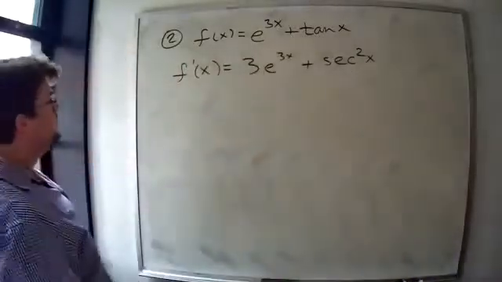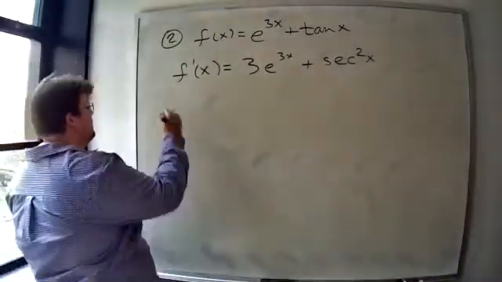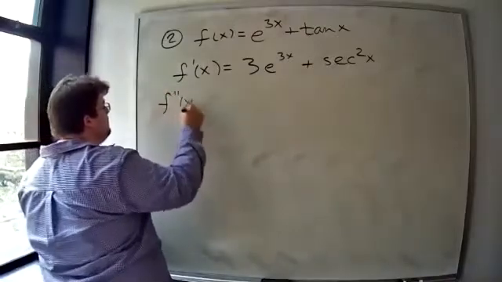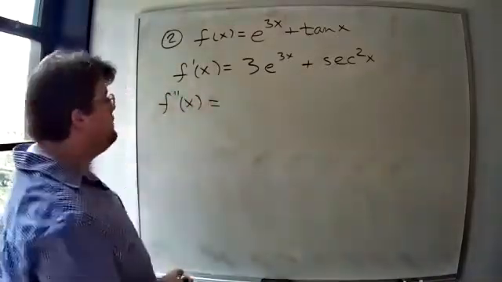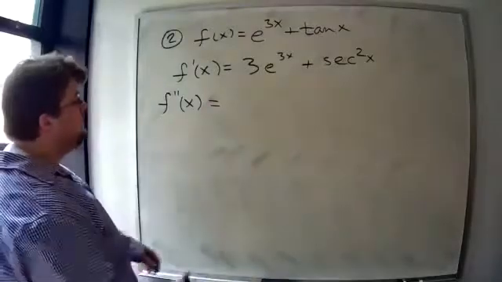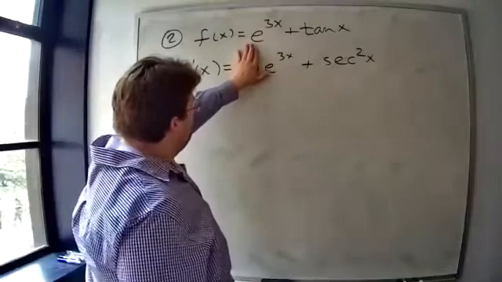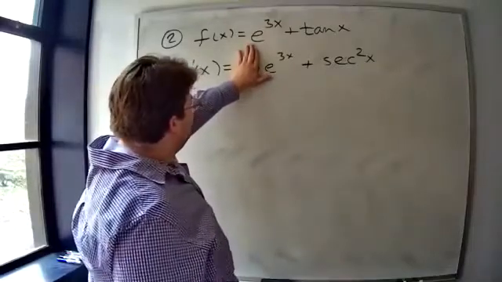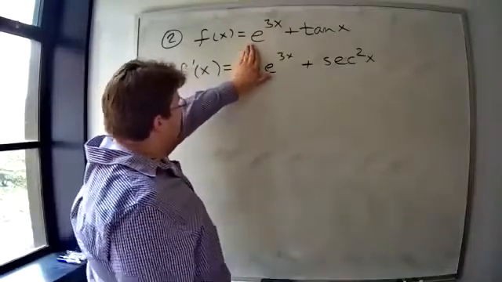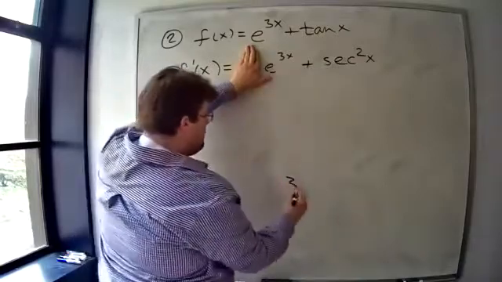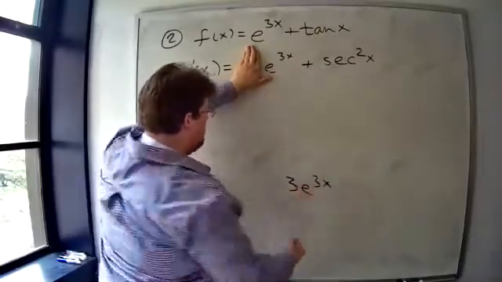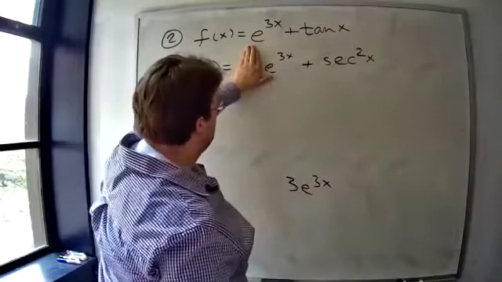This question doesn't want the first derivative. This question wants the second derivative. Well, to do the second derivative, we need the derivative of this first thing and the derivative of the second thing. Conveniently, constants carry through. So the derivative of 3 times e to the 3x, let's just cover the 3. Derivative of e to the 3x, remember, is 3 e to the 3x.